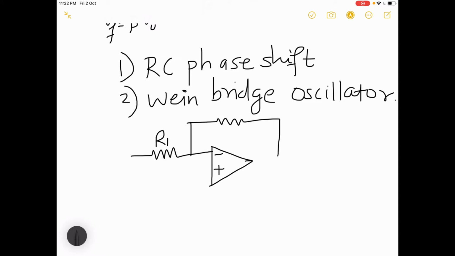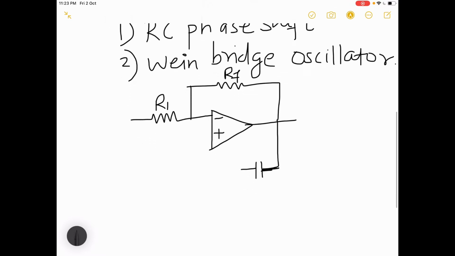Then in the feedback part there are RC combinations. Three RC combinations are used here. So, here C and then resistor R which is grounded.